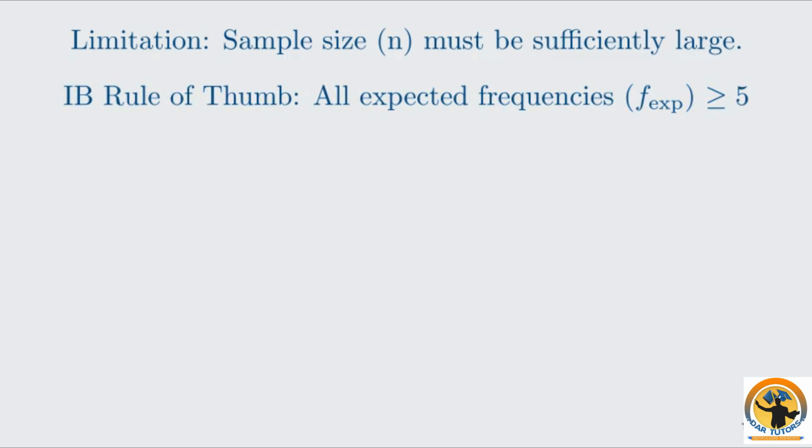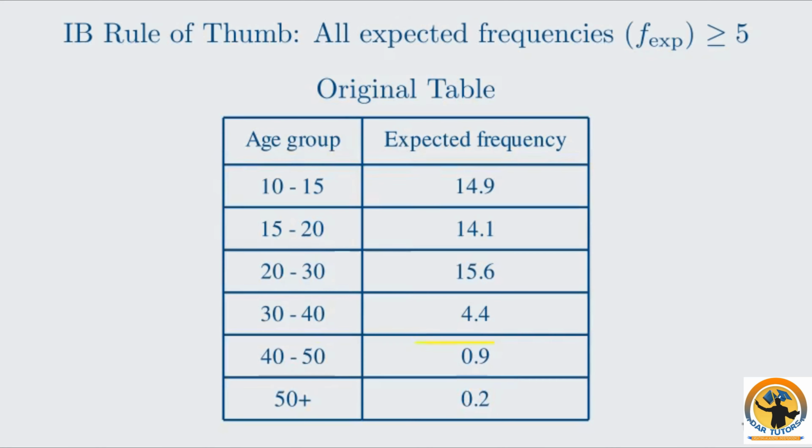What happens if an expected frequency is less than 5? The test may produce an inaccurate p-value. In these cases, we must combine categories. Let's look at this example table, which has several small expected frequencies. Notice the categories for ages 40 to 50 and 50 plus. Their expected frequencies are 0.9 and 0.2 respectively.